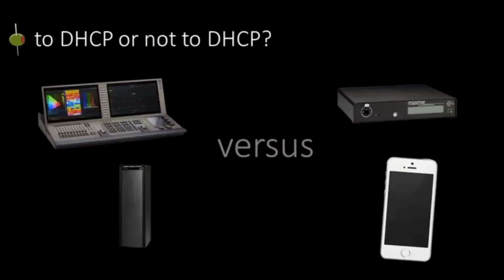They're not going anywhere. If your dimmer racks are moving around, you may have a bigger problem figuring out what your IP addresses are, right? And what are some other things that are coming on and off your network? You know, maybe you have gateways, rental gear that you don't want to think about. It's going to be here for this production. It's going to be here for this tour stop. You just want to plug it in and move on.